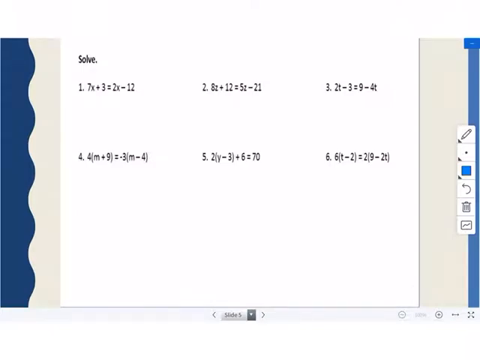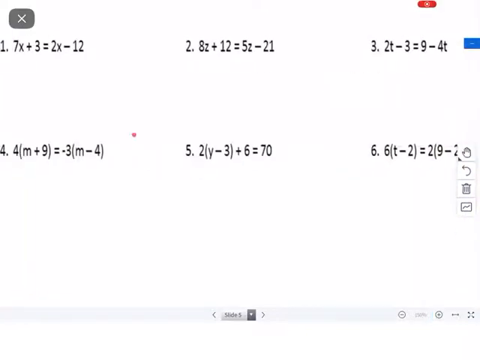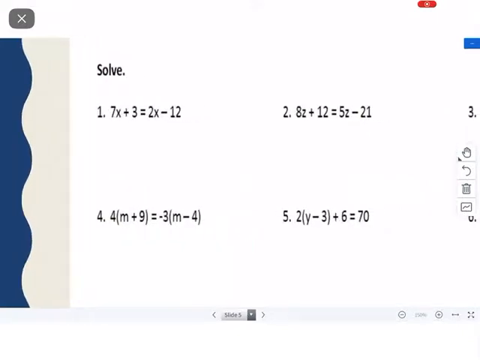Okay, so that kind of leads us into what we're going to look at now, which is simplifying expressions. And in order to simplify and solve for a variable, we have to make sure we balance our scale. So what that means is anything I do on the left, I have to do on the right.